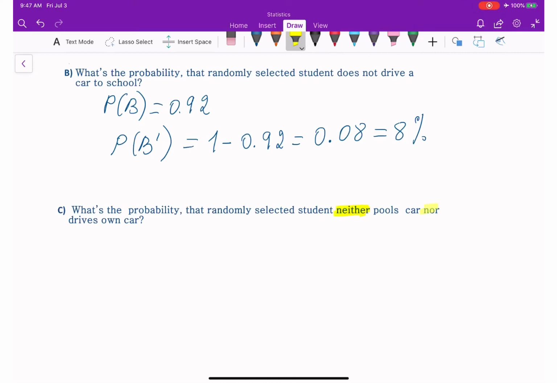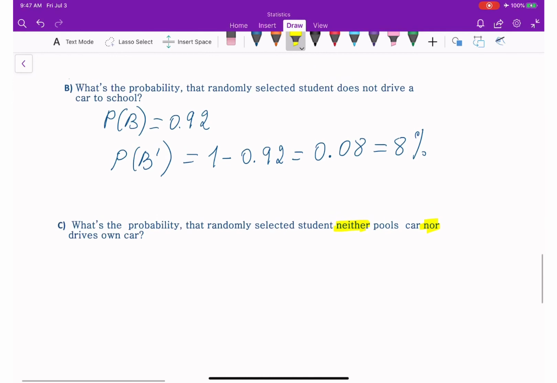Which means it's going to be negation of pulling car or negation of owning car, or it's the same thing, a complement of neither pulling nor driving. All right, so that will be complement of the probability that we found that the pulling or driving, right?